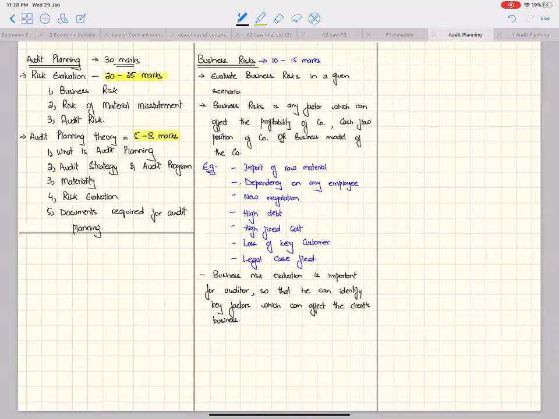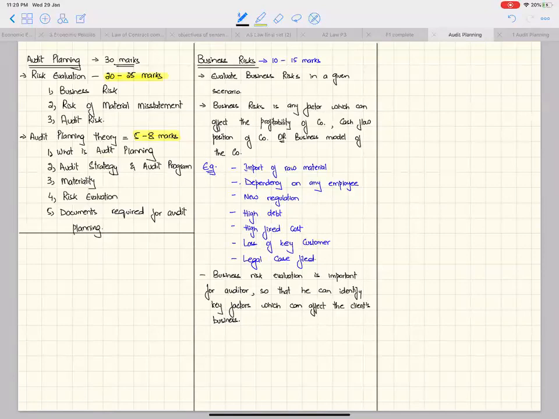The factors for which we will need provisioning, the factors which will lead to a fall in the NRV, the net realizable value of the inventory, because these business risks will in the long term lead to impairment of assets, going concern issues, and provisioning.